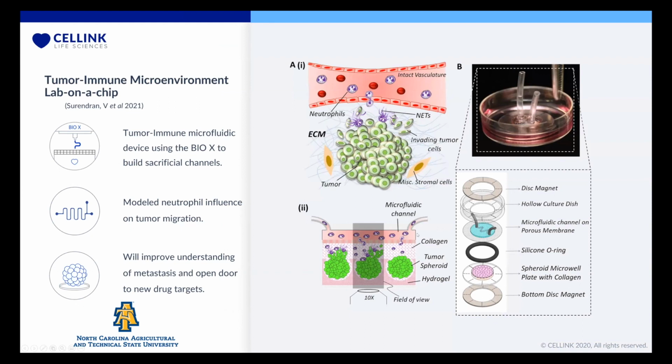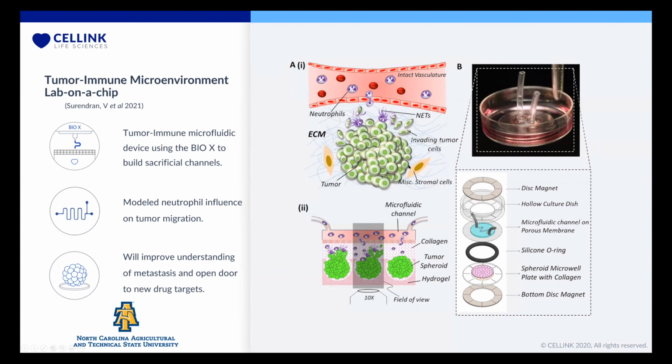Now, this particular work is interesting, not because the BioX directly produced the biomaterial or printed the biomaterial, but instead they used the BioX to extrude sacrificial channels that were then covered with a microfluidic device that they built.